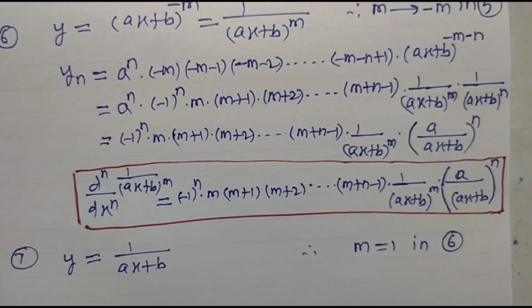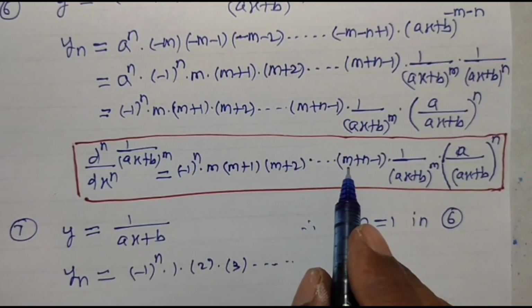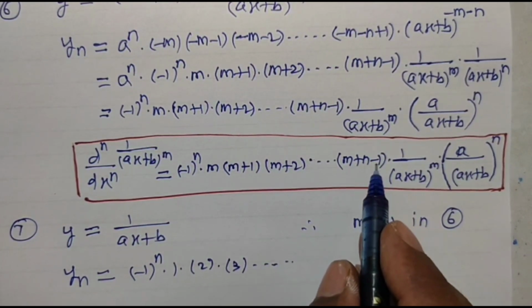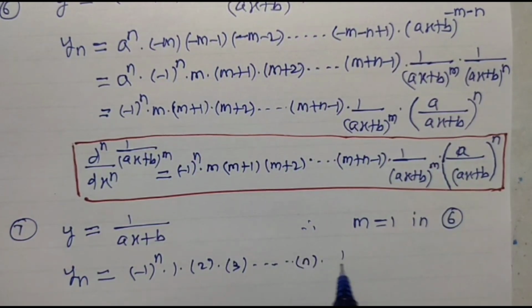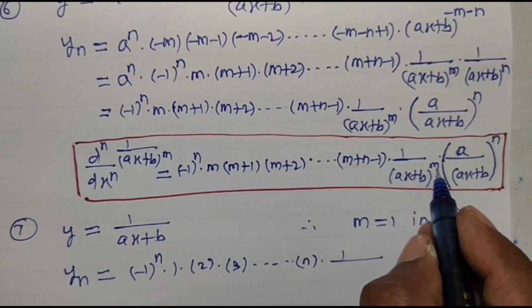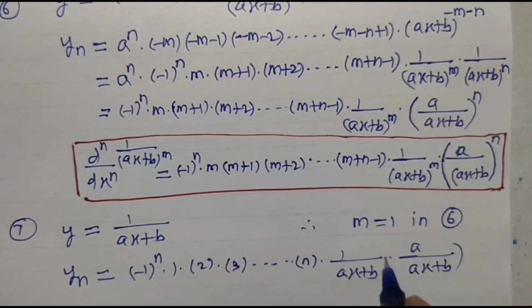Then directly we can write the nth derivative of 1 upon (ax plus b) will be minus 1 to the power n into, replacing m by 1, 1 into 1 plus 1, 2, into 1 plus 2, 3, and then the last factor 1 plus n minus 1. The 1 minus 1 and plus 1 get cancelled, remains n. Then this 1 upon (ax plus b) to the power m, we replace m by 1, so (ax plus b), the given function as it is, into a upon (ax plus b) to the power n.